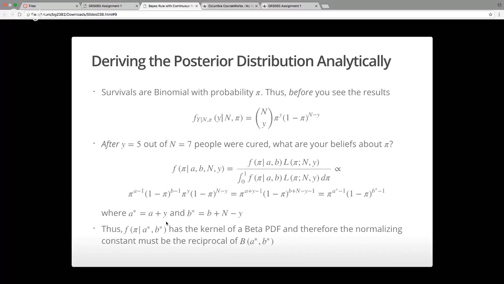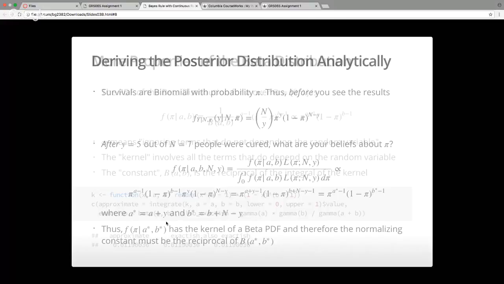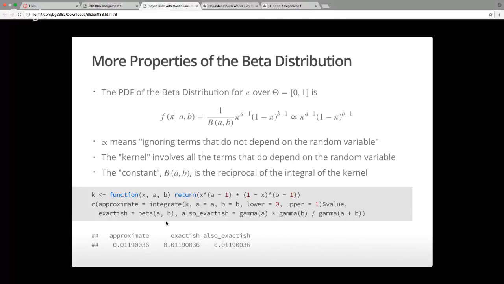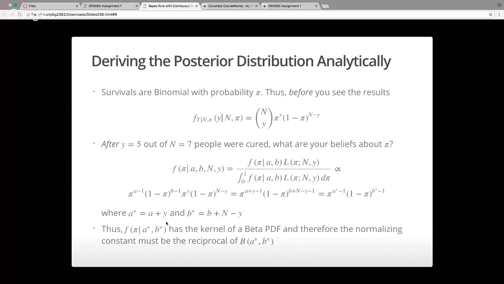Anyway, we got the numerator here. We got the denominator, which is the integral of the numerator. Just take the top numerator, call that the kernel. We have from our beta PDF pi raised to the power a minus 1 times 1 minus pi raised to the power b minus 1. So we got that over there. Then we got the contribution of the likelihood, pi to the y, 1 minus pi to the n minus y.